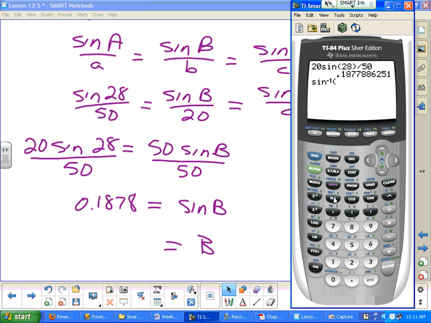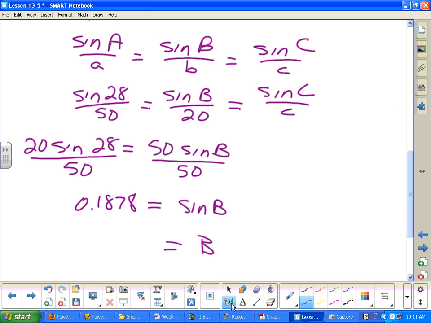I should put in the whole thing, shouldn't I? So inverse sine of the answer is what I want, and we get 10.8 degrees. So angle B is 10.8 degrees.